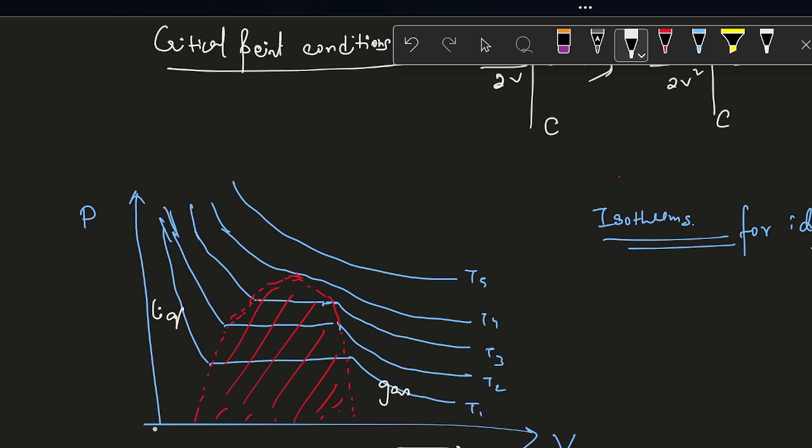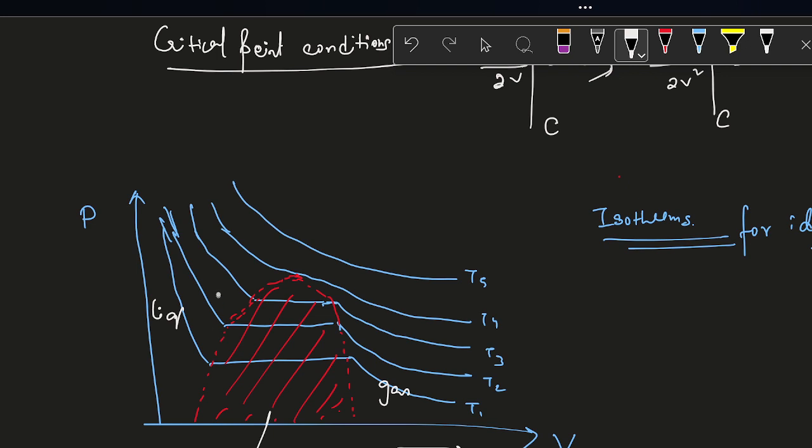So if this is your liquid versus gas phase, how their pressure versus volume behave at a constant temperature, like in an isotherm, will have a particular pattern. This red dashed regime is the regime where the two phases lie in equilibrium. So this is the equilibrium regime of liquid and gas phase.